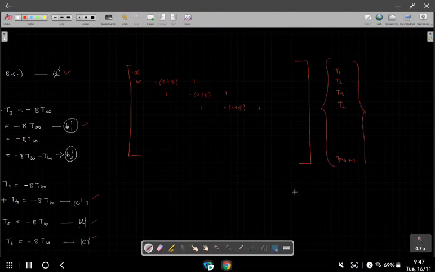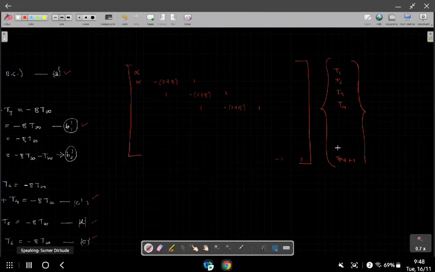At Tn plus 1, we have the Tn plus 1 minus Tn equation, so minus 1, 1.